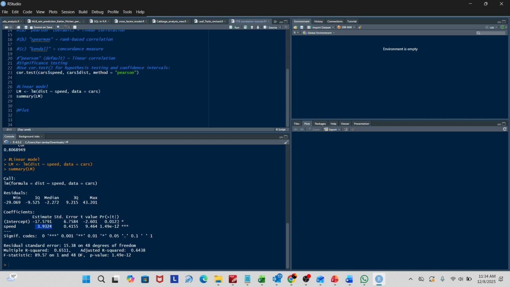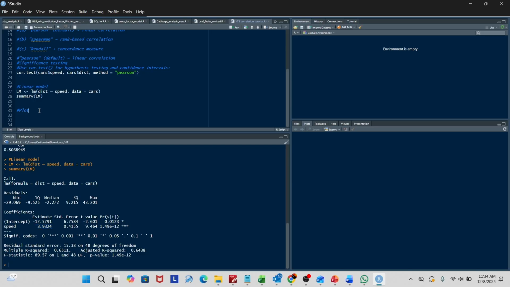It basically states that for each 1 mph, the stopping distance increases by 3.9324. So the influence of a unit of speed on distance taken until the car is fully stopped is about 3 times. That's why it's 3.9324.